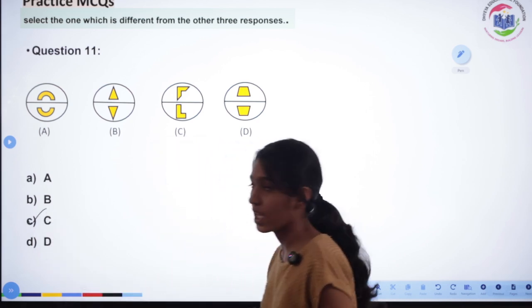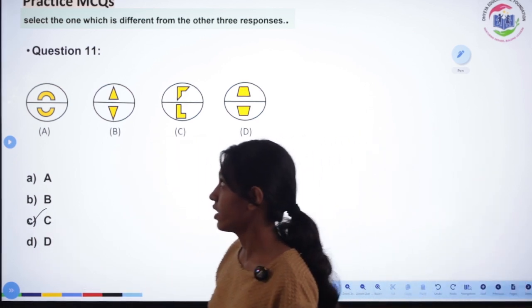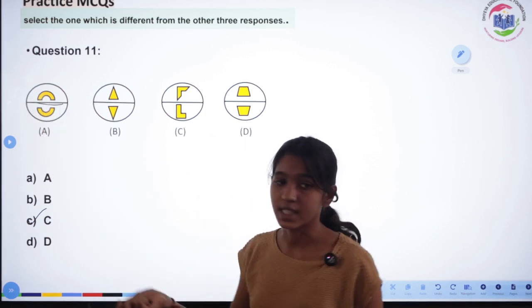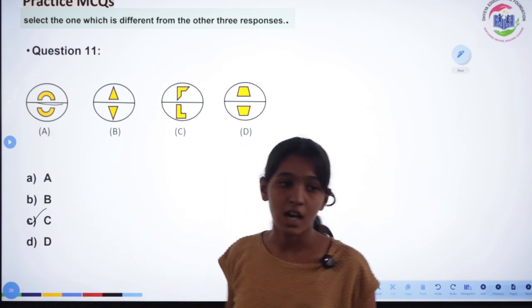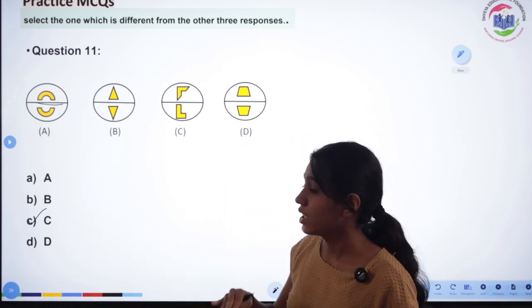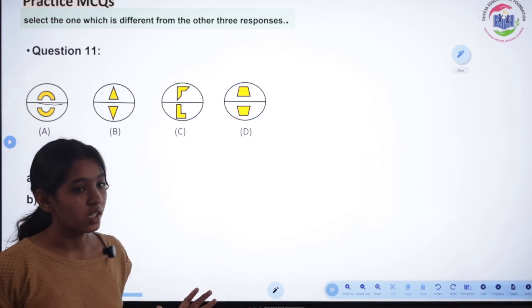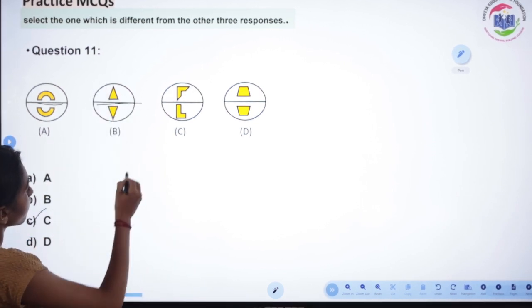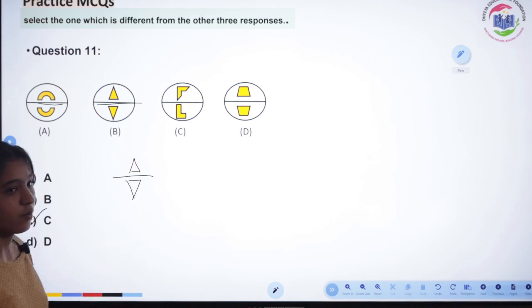If you observe option A, it is divided into two parts. This part is a half circle, and this part is the other half circle, but it is in the form of a water image, or we can say it is symmetry. It is also a water image.